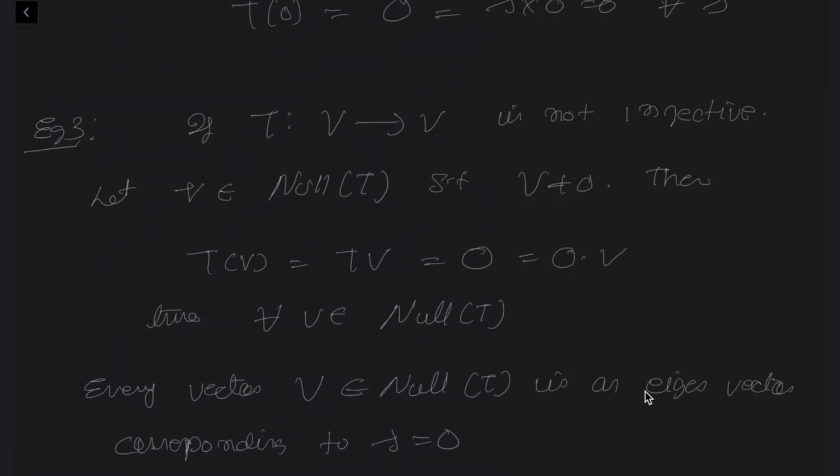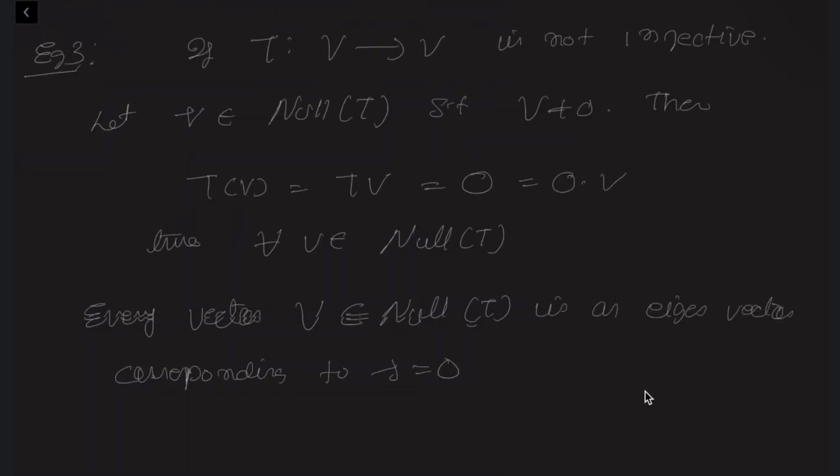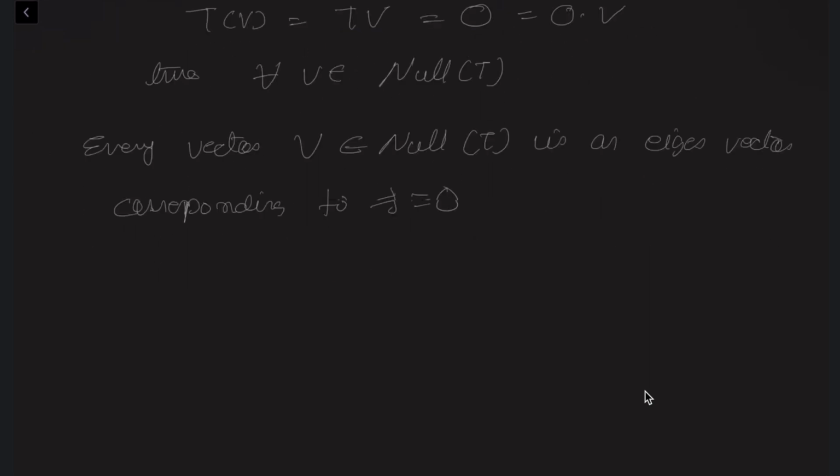I can have more than one eigenvector for an eigenvalue lambda, but I cannot have more than one eigenvalue for any eigenvector v. So this is something that one should keep in mind.